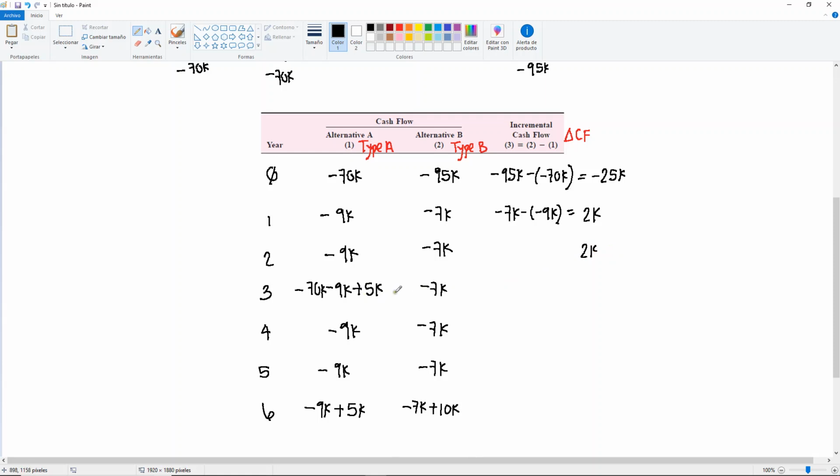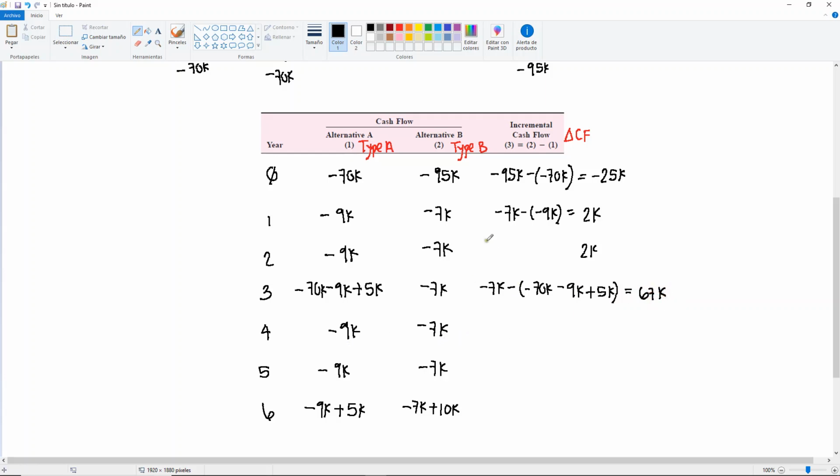Now here it changes a bit, so it's going to be minus 7,000 minus, I'm just going to write down all this, minus 70,000 minus 9,000 plus 5,000. This will give us positive 67,000.